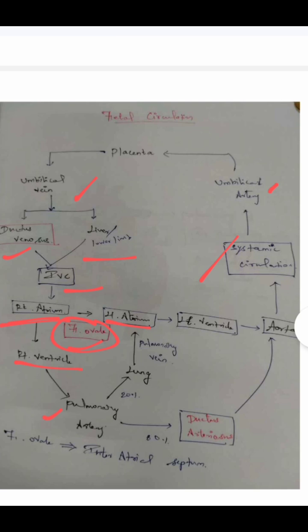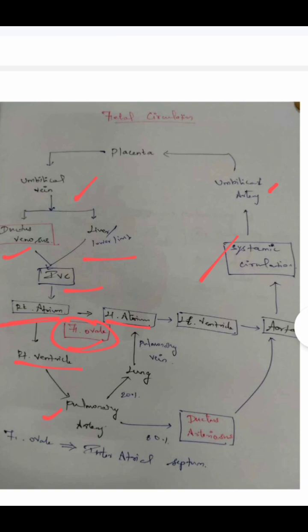So here the lung is inactive. Lung inactivation leads to a small amount of blood entering into the pulmonary artery. That means 20% of the blood enters into the lung. From the lung, the pulmonary vein enters into the left atrium.